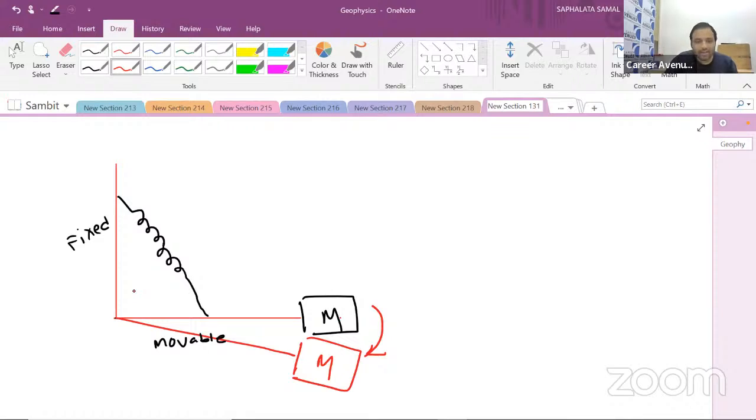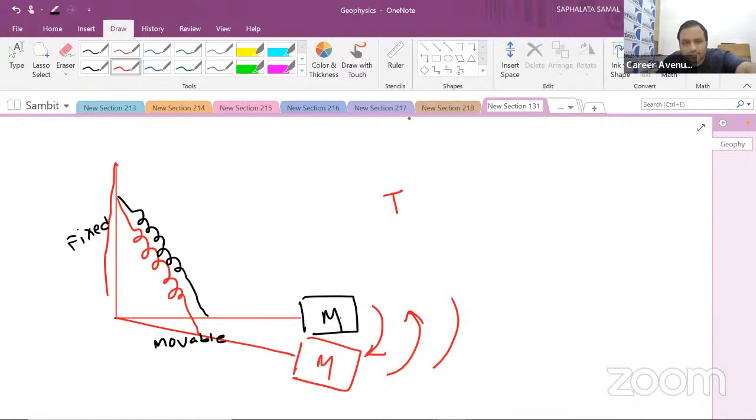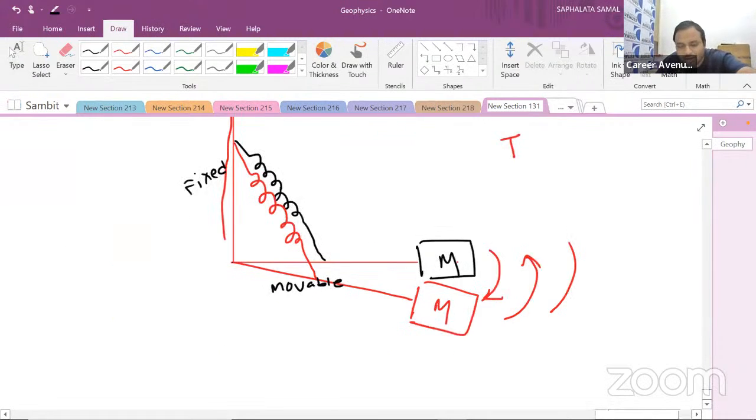What will happen to the spring? The spring length will increase like this. But once it is going down, the fixed end over here will try to drag the spring back to its own side. So now what will happen? Again, it will go up. Again, the gravity will try to bring it down. So it will be in a perpetual motion. It will go up and down, up and down. So you can get the time period from here. From the time period, you can calculate the change in gravity value. This is the basic mechanism of the unstable gravimeters.